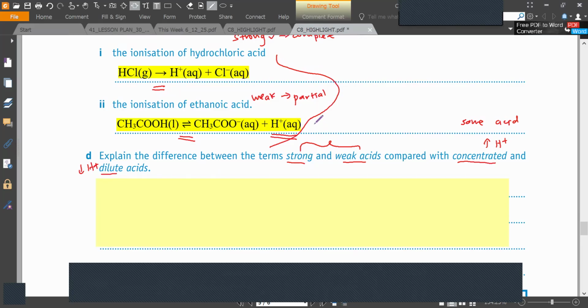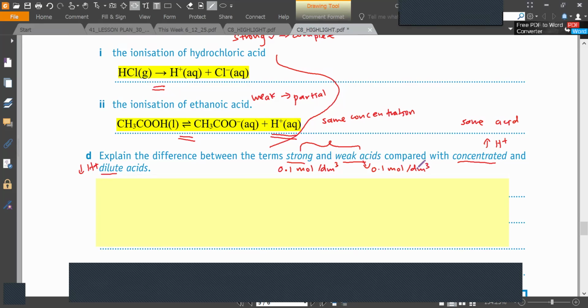For strong and weak acid, we are comparing the same concentration, so 0.1 mole per dm cube. The weak acid is also 0.1 mole per dm cube.